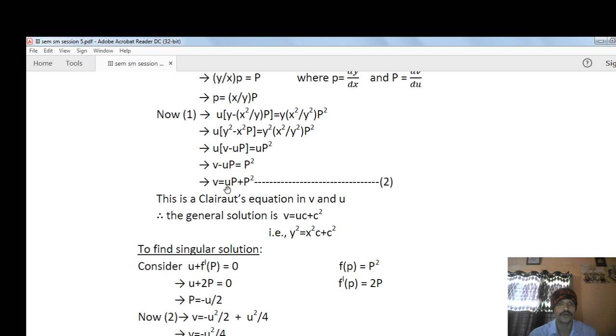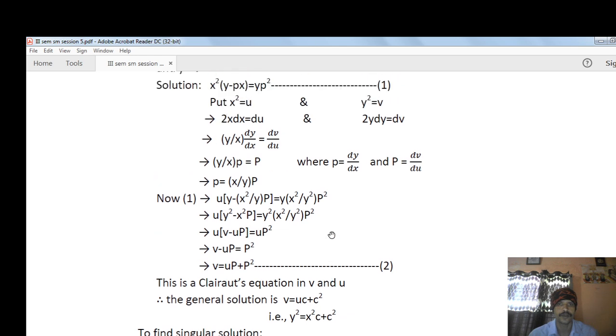Now we have general and singular solutions in V and U only. After that, convert V and U into Y and X, again by using these transformations, so that you get general and singular solutions of the given equation.